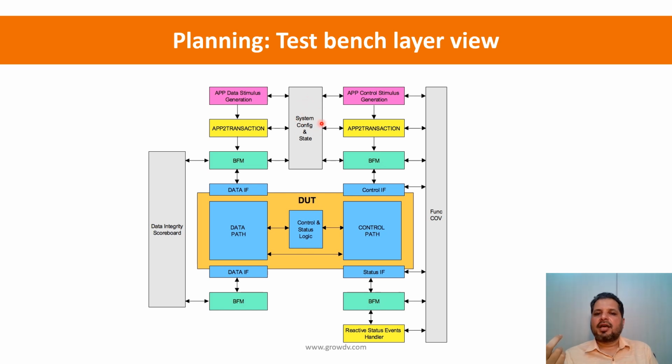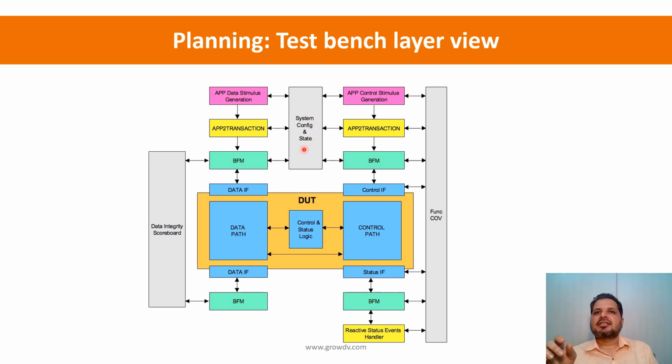Those are present over here because ultimately the stimulus generation has to take whatever programmed configuration into consideration before generating the stimulus, because it has to match the stimulus to the configuration that we have programmed.